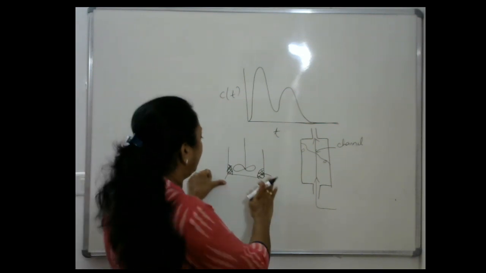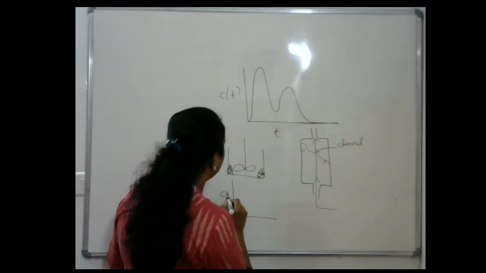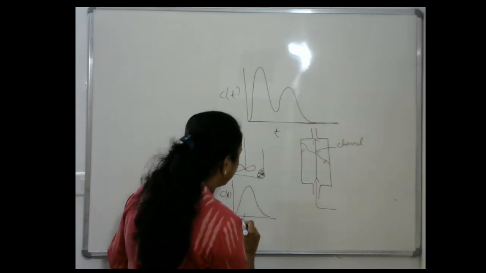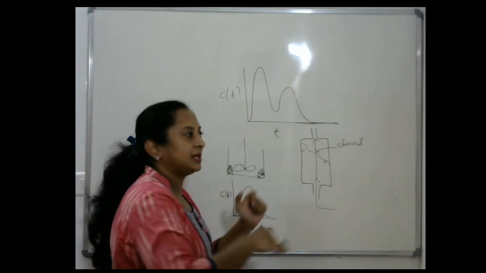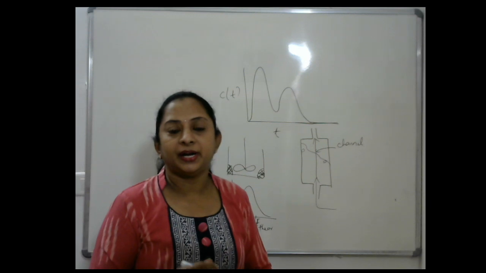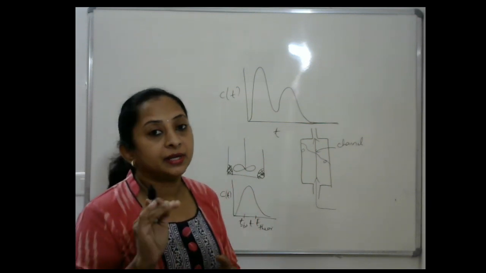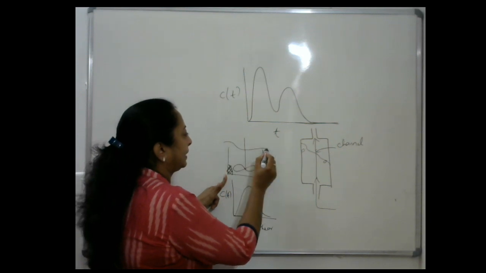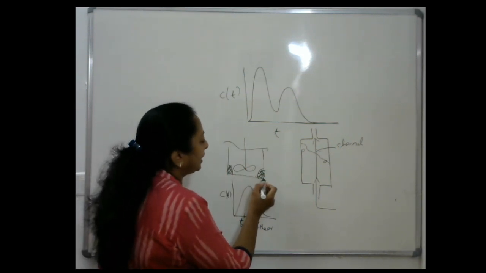What will be the curve if there are dead zones? It is again the C of t versus t curve, and the t observed will be less than t theoretical. That is, the tracer is passing out at a faster rate. The reason may be bypassing or dead zones.